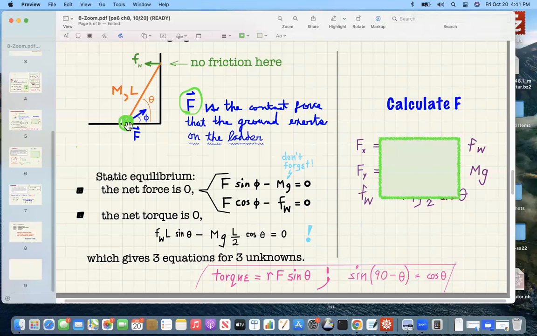And the net torque about this point has to be 0. So let's calculate the torque. Well, here's a force which creates a torque in the counterclockwise direction about this point. The torque will be the force times the distance. It's actually the perpendicular distance.